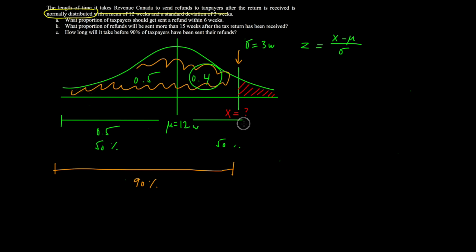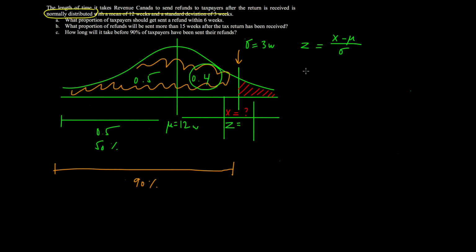Do you remember when we covered the theory? I told you guys that for each x, there is a z at the same point. So this is the z that I want, and the z's are represented by the probabilities that stem from the mean. So from the mean to the right or from the mean to the left, that's how you determine the z that corresponds to the probability right here, right?